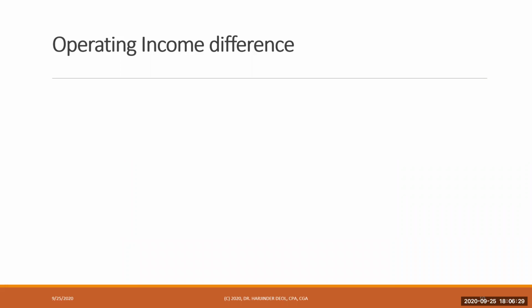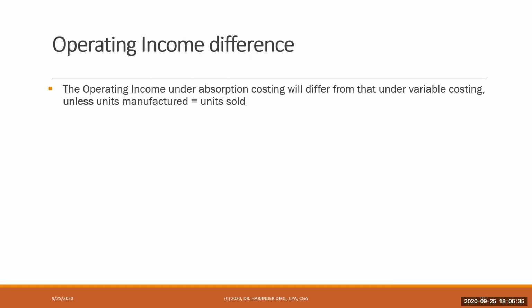Now, to calculate the operating income difference, the operating income under absorption costing will be different from that under variable costing unless the number of units manufactured equals the number of units sold. Even then, there is a possibility of there being some differences if the number of units manufactured were not equal to the number of units sold in previous periods.